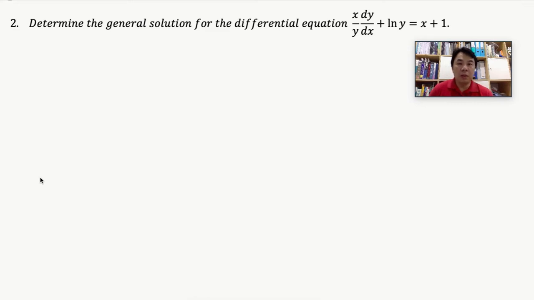first order ordinary differential equations. Okay, now I'm going to rewrite this problem here. We are given x over y dy/dx.